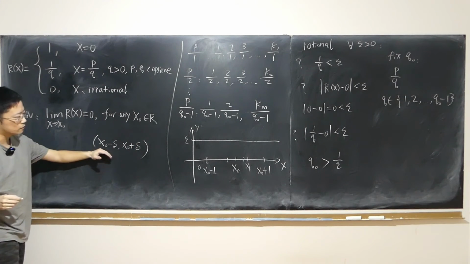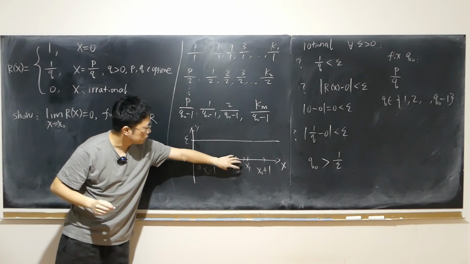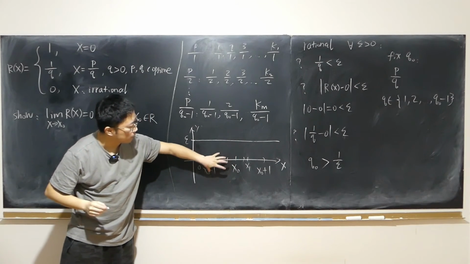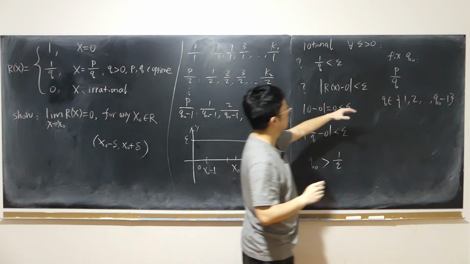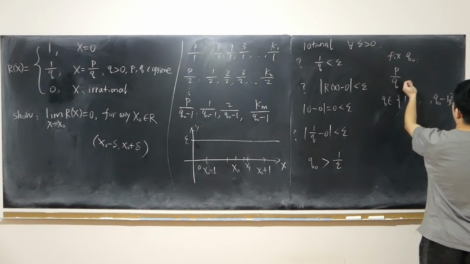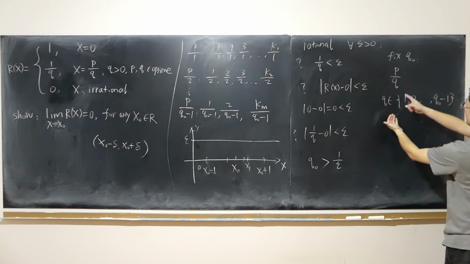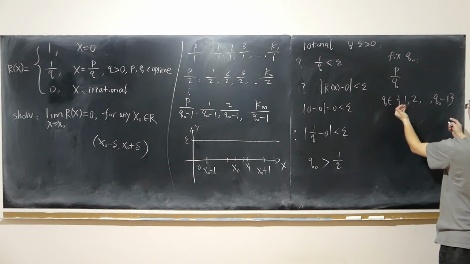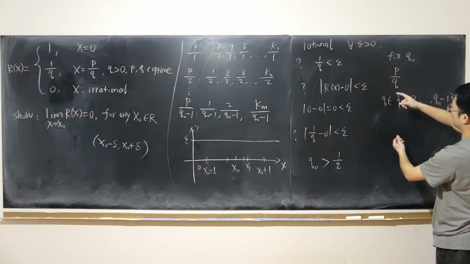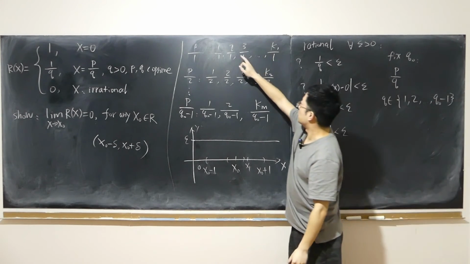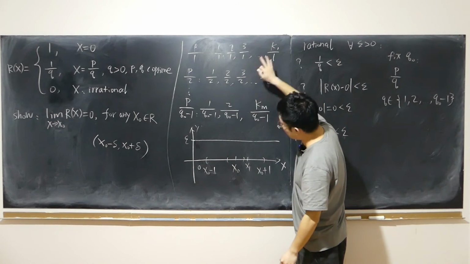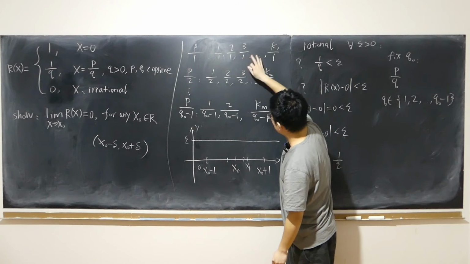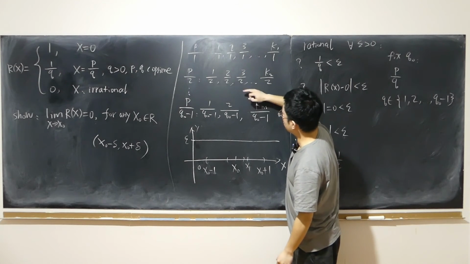I do not have fractions of such form where q is chosen from this set and p has finitely many options from here. There's no more such form, no more such element from here.